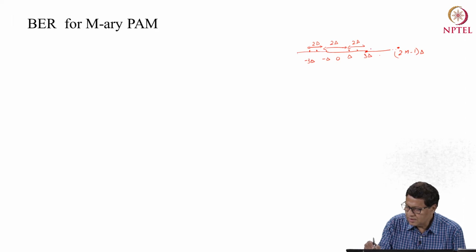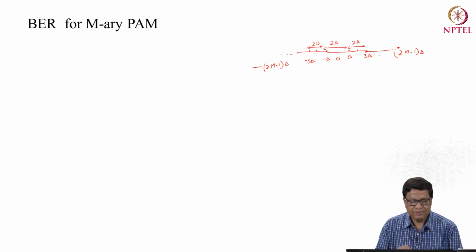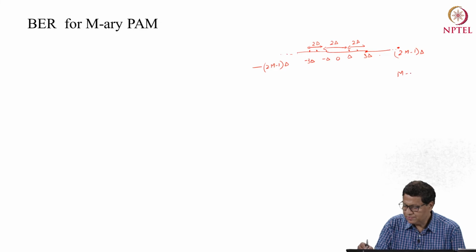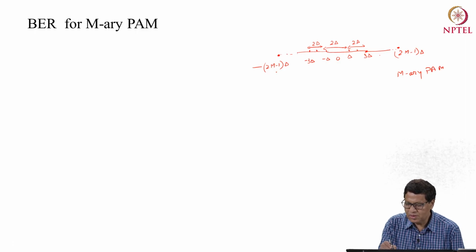So this is 3 delta. And similarly, the last point here will be minus (2M minus 1) delta. So this is a typical M-ary PAM system. This is the last point here, (2M minus 1) delta.